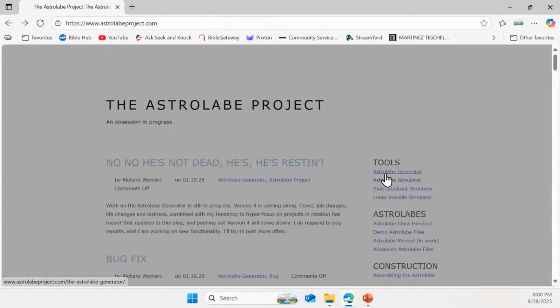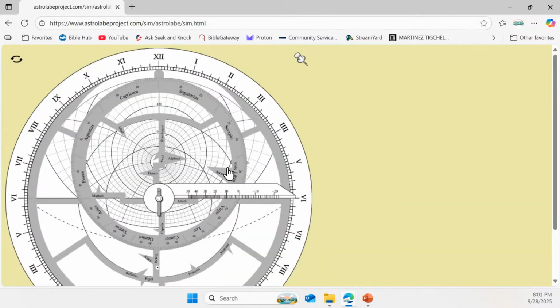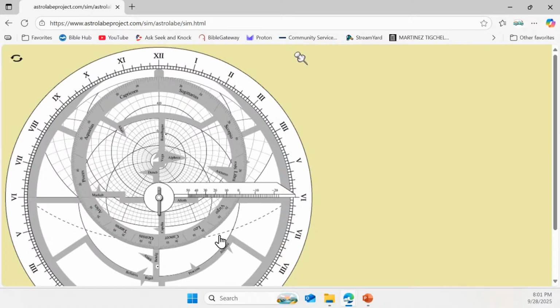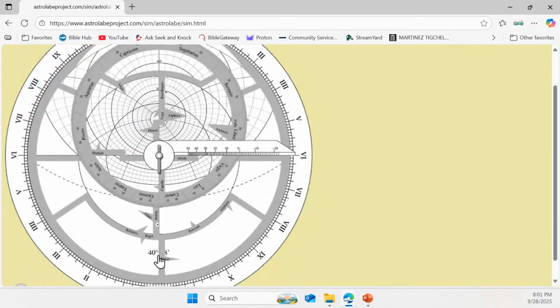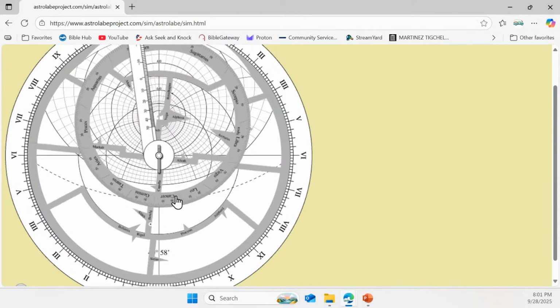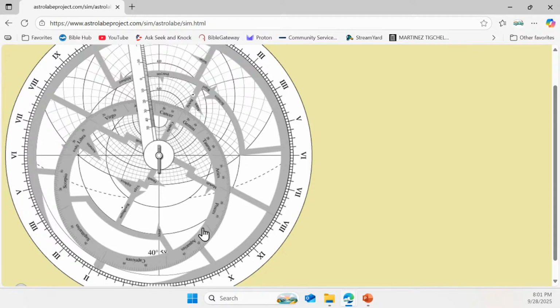The only problem, though, is when you get an astrolabe, you need to get one for your latitude. And this is a great astrolabe, but you have to live in the 40-degree latitude area for this information to be accurate for you when you go outside. It will be pretty close, I guess, if you live there.